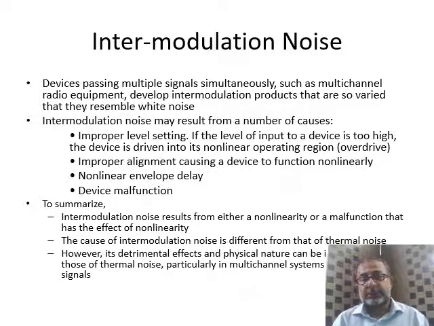Means that it is in the overdrive region. In this situation, the device would be in a non-linear operating region, and it would definitely produce multiples, additives, and multiples of the frequencies that are working in this electronics.